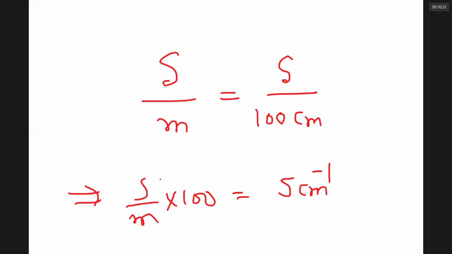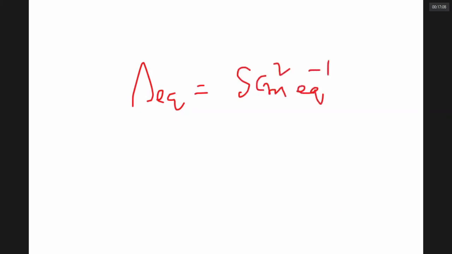So whenever they give K in Siemens per meter, multiply with 100 to get Siemens per centimeter. Then you will get equivalent conductance in Siemens centimeter square per equivalent. Okay, sir?